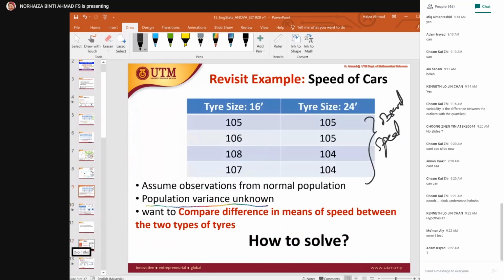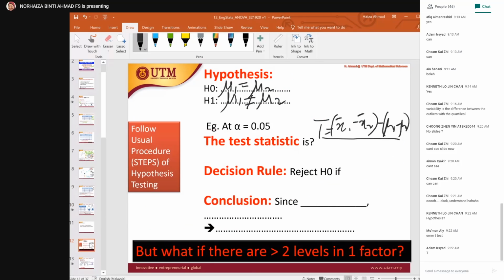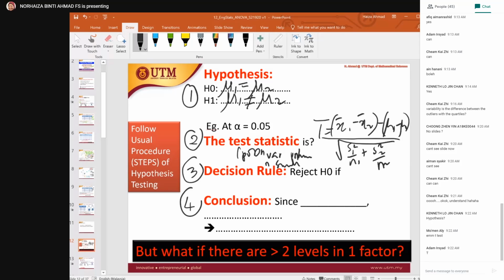So here, since population variance unknown and small, so this one is square root of S1 squared over N1 plus S2 squared over N2, because it doesn't say population variance equal. So this would be the test that you do. This is your first step, second step, like you do when you do hypothesis testing, and the third step.